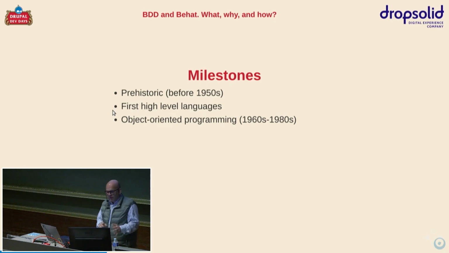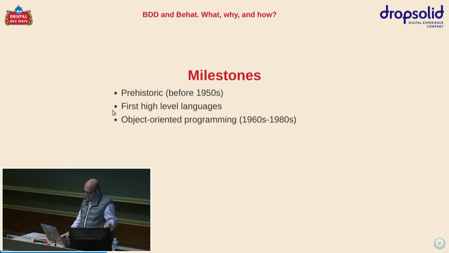So the first high-level languages appeared around the 60s and 70s of the last century. They were Fortran, COBOL, and a little bit later, C. If you think of a person who considers C a high-level language, it's hard to imagine what our low-level languages are.